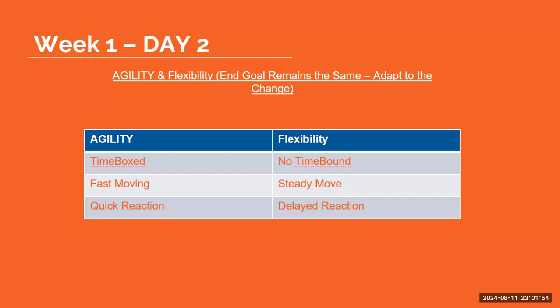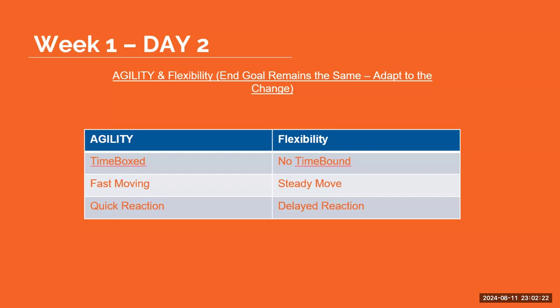And the last point is delayed reaction. That means, in case of any problematic scenarios, any guidance required, or any execution, the response is not fast. In agility, we look at it from a very different angle: we need to ensure that we complete our work on time, reach out to the right people, execute things, and complete the delivery.